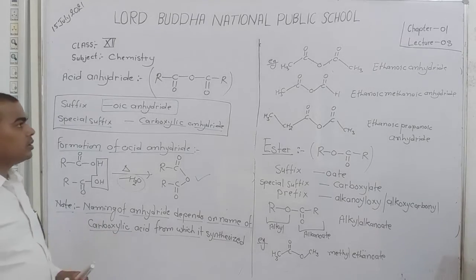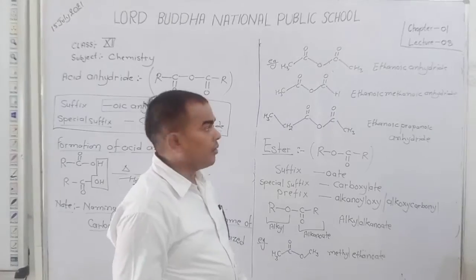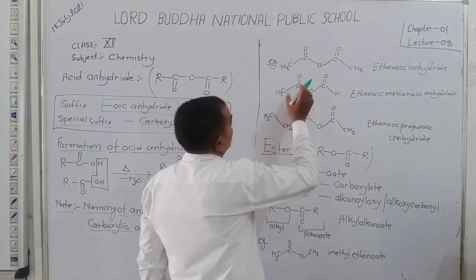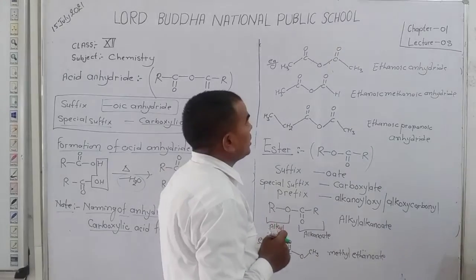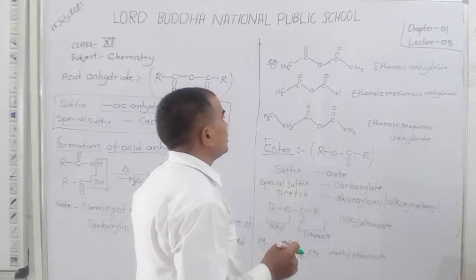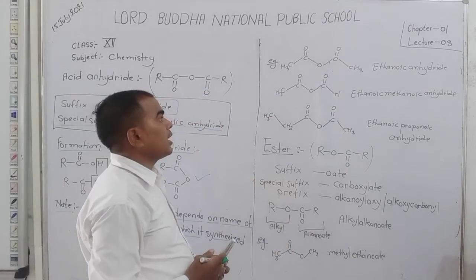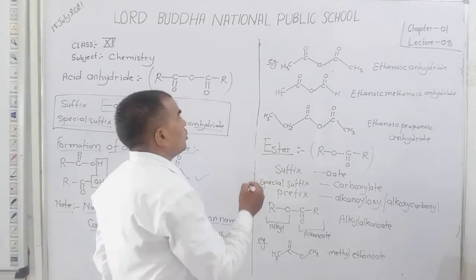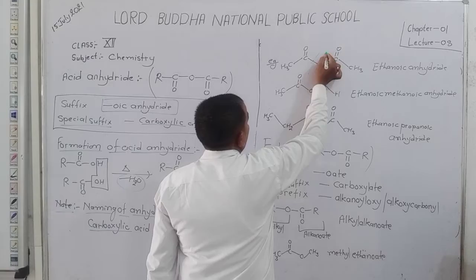For example, here an example of an acid anhydride is given. To understand from which acid this anhydride is formed, you separate this and this.